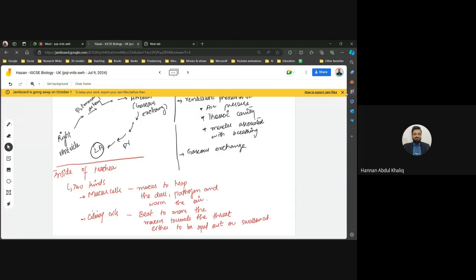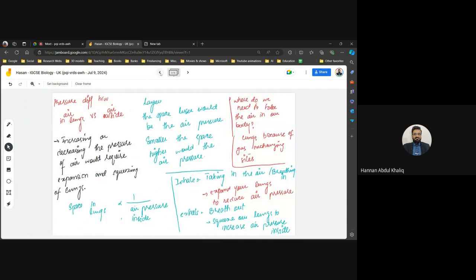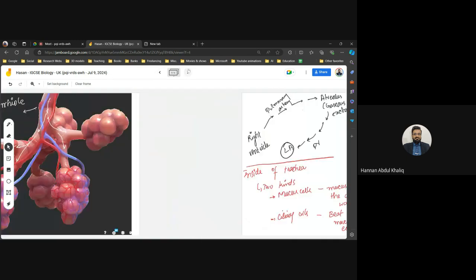All right. So basically, we were talking about what is the principle of ventilation and what do we need to do, how our body is adjusted, and how the air moves, why the air would move if we inhale, and why it would move when we exhale. And then we talked about the structures of the organs present in our respiratory system, and the functions of different organs, especially the trachea.